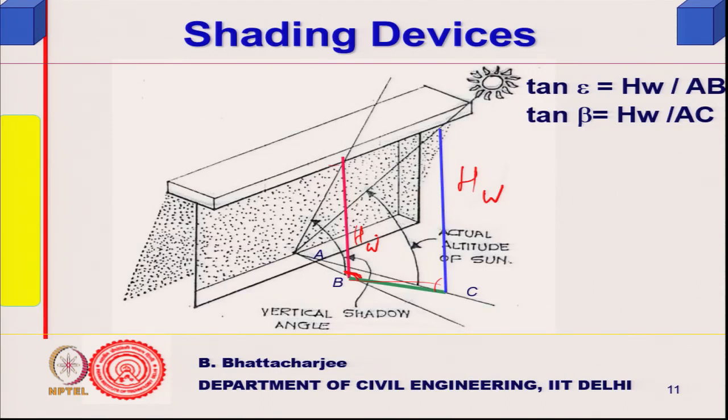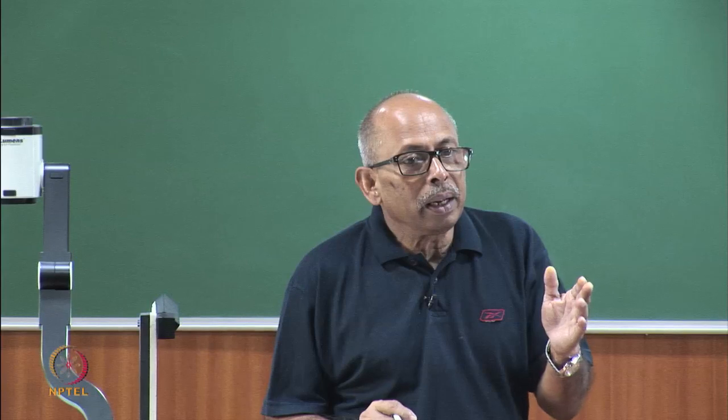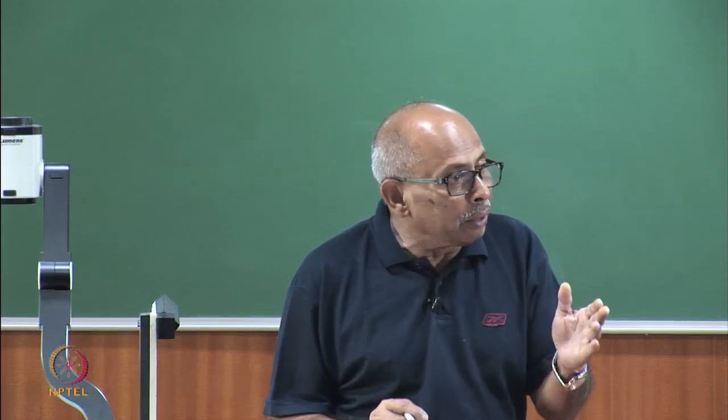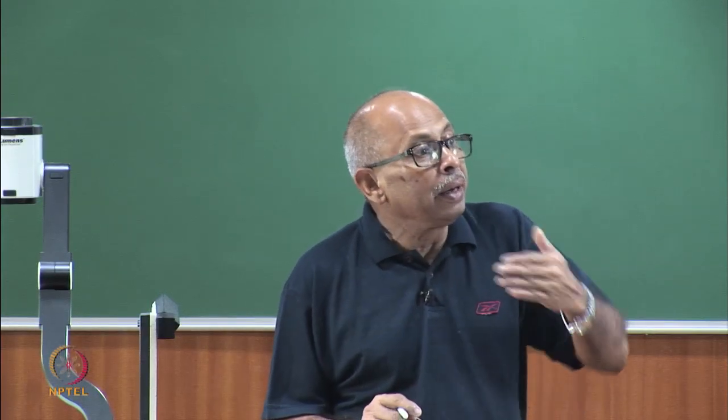Now, I want to find out the relationship between the lengths. So, sec gamma. Now, what is this angle? It is the angle between the normal to the sun ray in the horizontal plane and the normal to the wall.